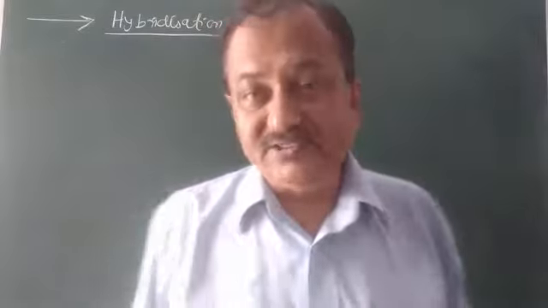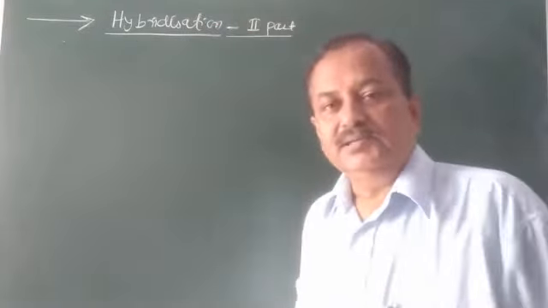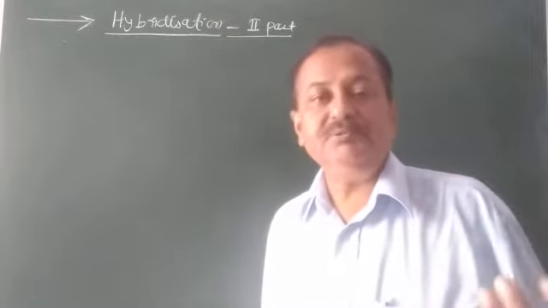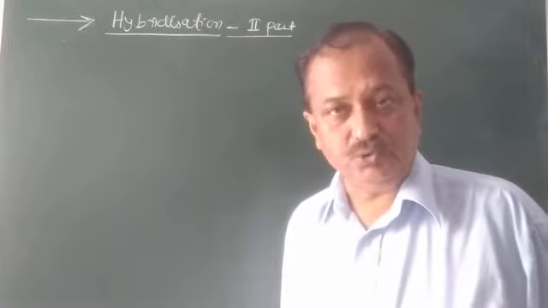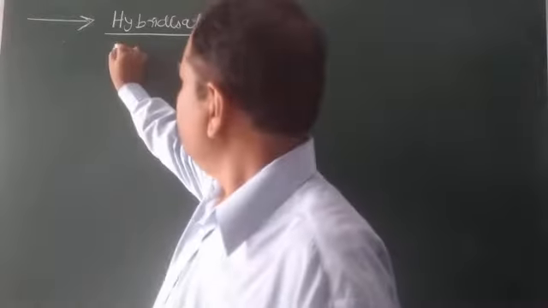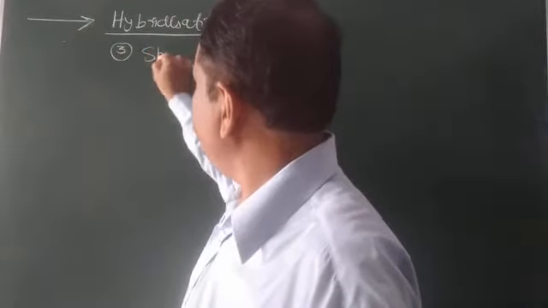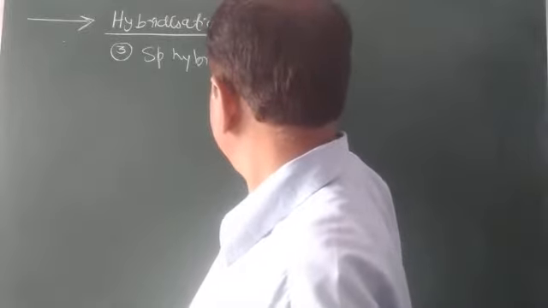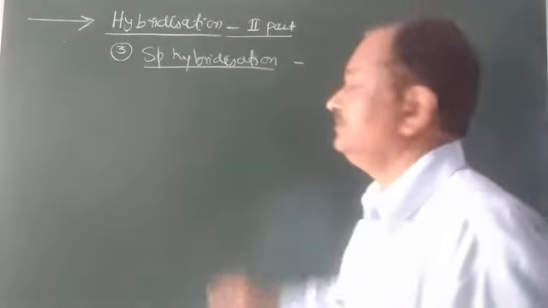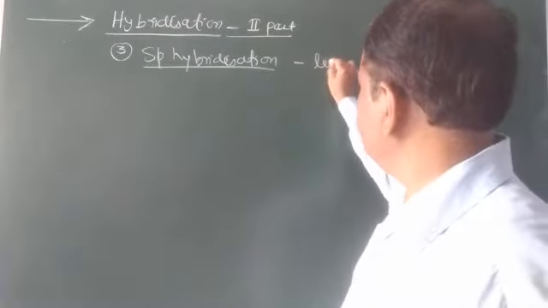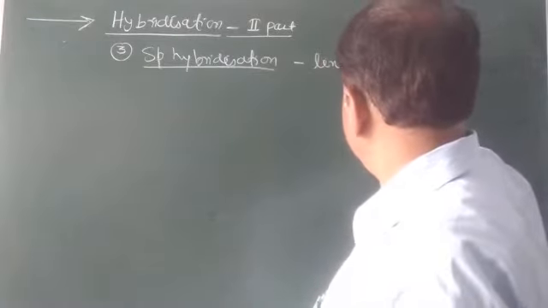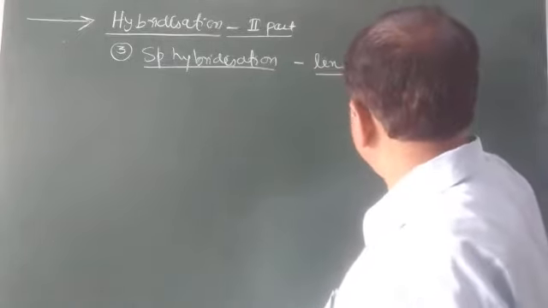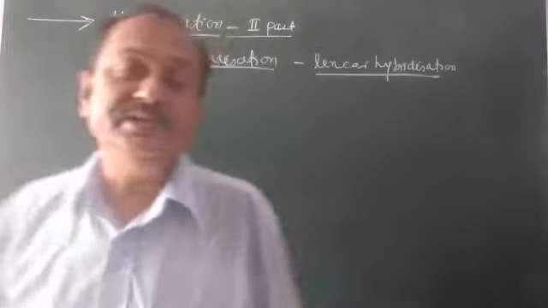In this video, I am going to explain the next types of hybridization. In the previous video, you have seen sp3 and sp2, two types. Now the third is sp hybridization. It is called linear hybridization, in the sense that the molecules have linear geometry.